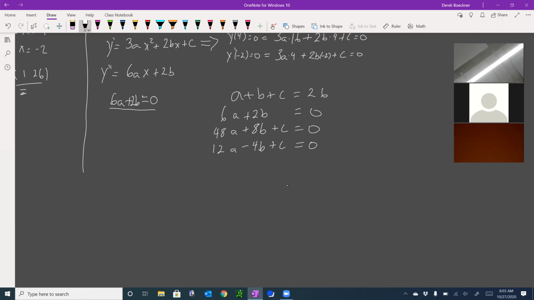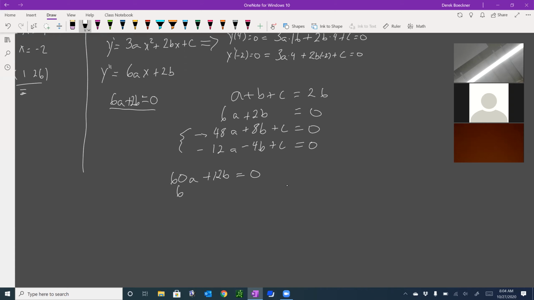So I'm going to get rid of c in one of these expressions. Let's get rid of c in the bottom expression, the middle expression. I'll get rid of c by taking this equation minus this equation. Okay. So we will have 60a plus 12b equals 0.